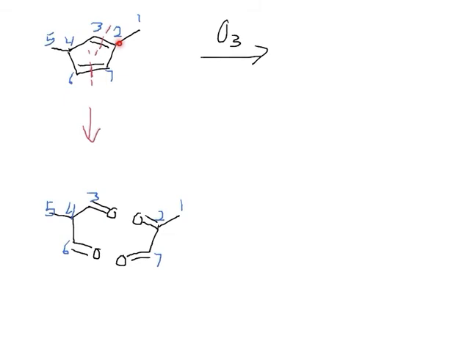Okay. How many carbons in the ring? Cyclopentadiene. Thank you. Diene. All right. Everybody make sense how we get to this point where we have these carbonyl groups, how they break up? Good.